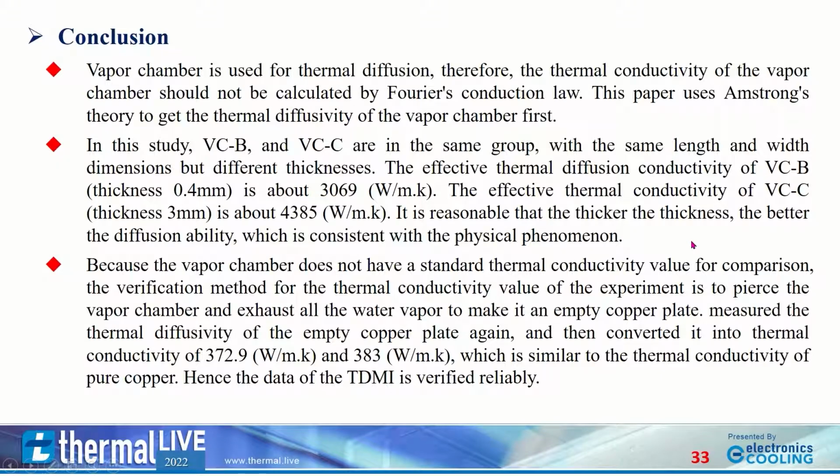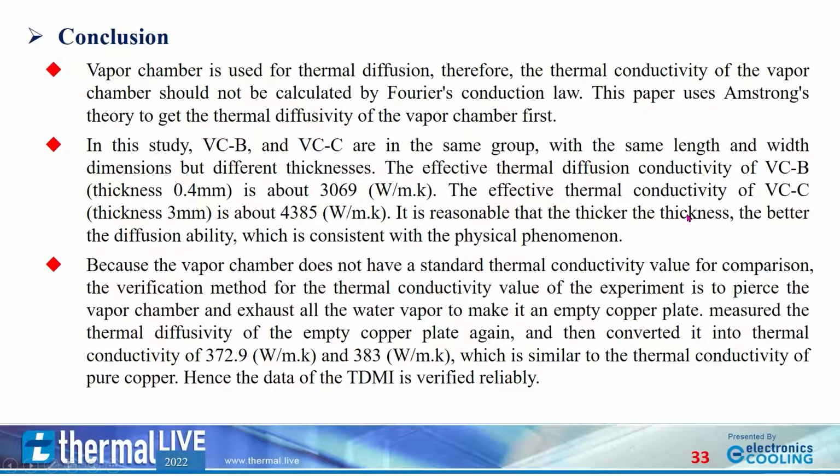Conclusions. The vapor chamber is used for thermal diffusion, therefore the thermal conductivity of the vapor chamber should not be calculated by Fourier's conduction law. This paper used Angstrom theory to get the thermal diffusivity of the vapor chamber first. This study has VCs of B and C in the same group with the same length and width dimensions, but different thickness.